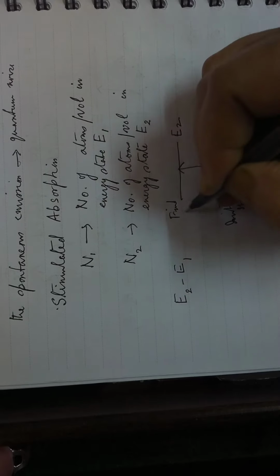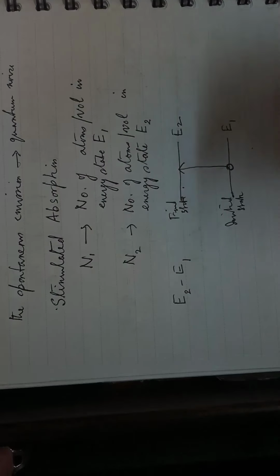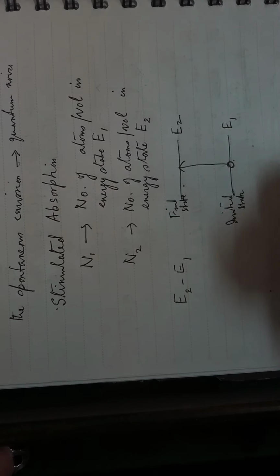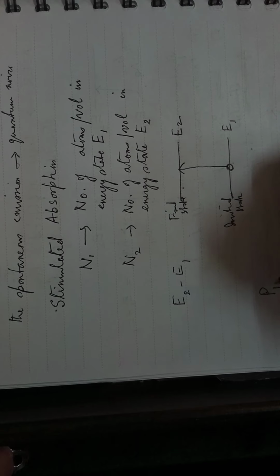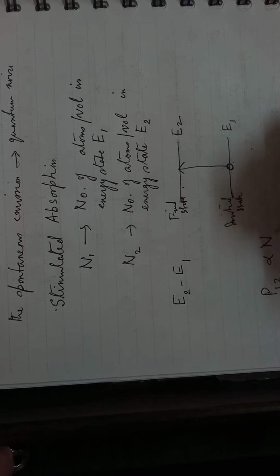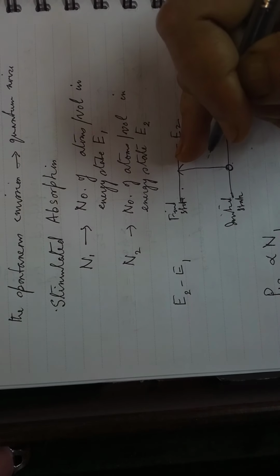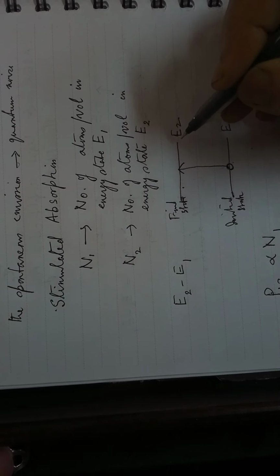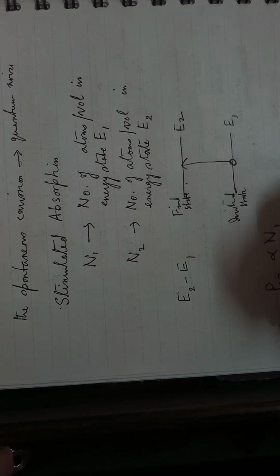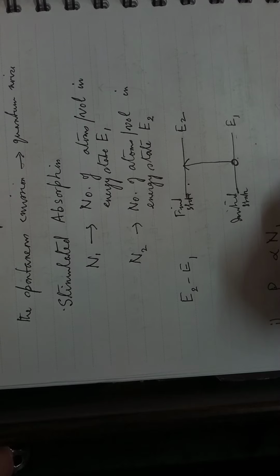So the probability of transition, if I call this P12 because this is happening from state 1 to state 2, P12 will be proportional to N1, because transition is taking place from the lower state to the upper state, the number of atoms present in state E1.